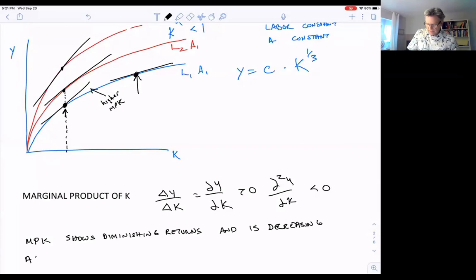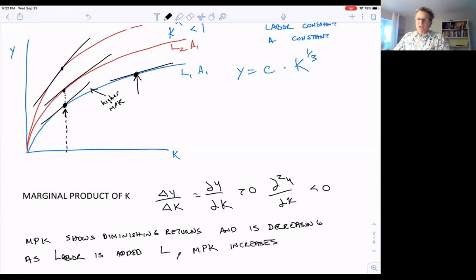As labor, L, is added, the marginal product of capital increases. So if you want to know what the marginal product of capital is at any one point, just look and see what the slope of that curve is. And the steeper it is, the higher the marginal product of capital.